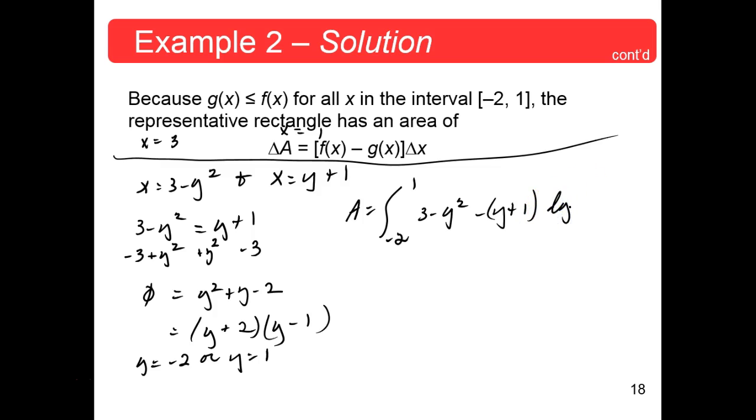Because we've got functions of y, we make it a dy. Then this is y going from minus 2 to 1, so those are right.